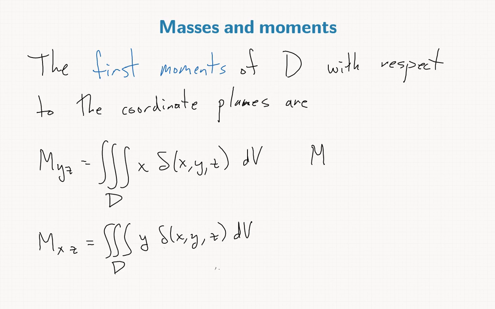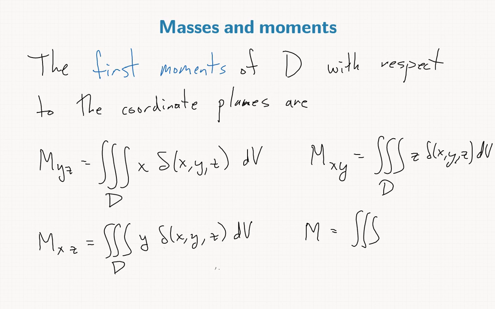And the moment with respect to the xy plane is the integral of z delta(x,y,z) dV. And again, the mass of D, which we'll just write as m, is the integral where we're not multiplying by anything, we're just taking the density.